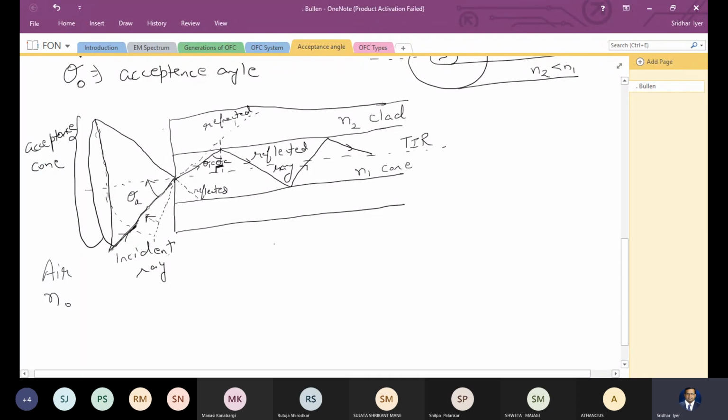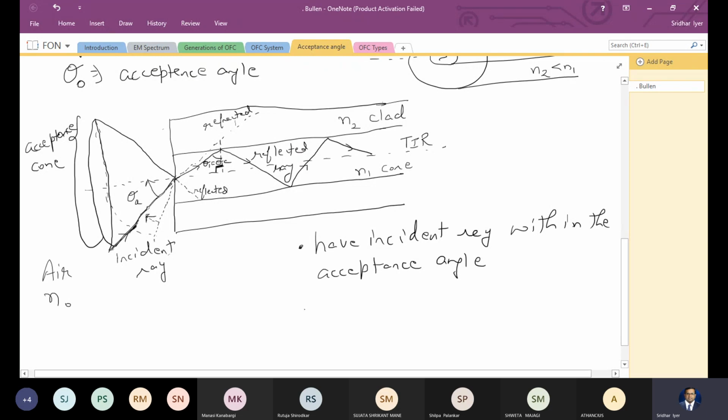Okay. So what we are interested in is to have the incident ray within the acceptance angle, right? So point number 1 is to have the incident ray within the acceptance angle.